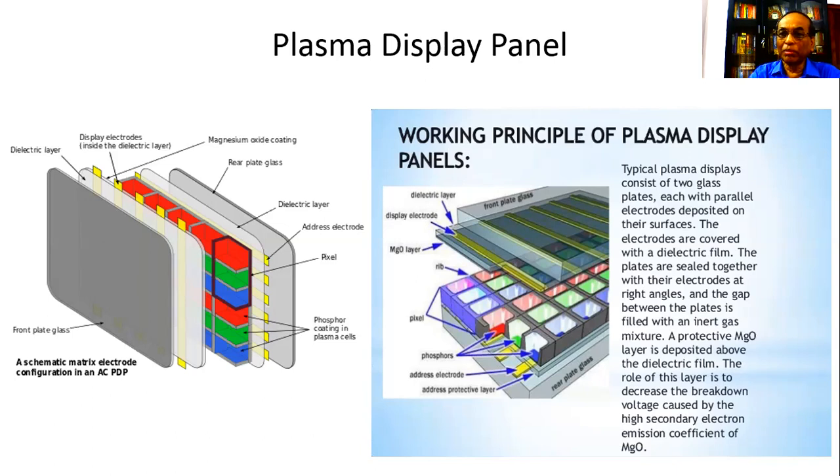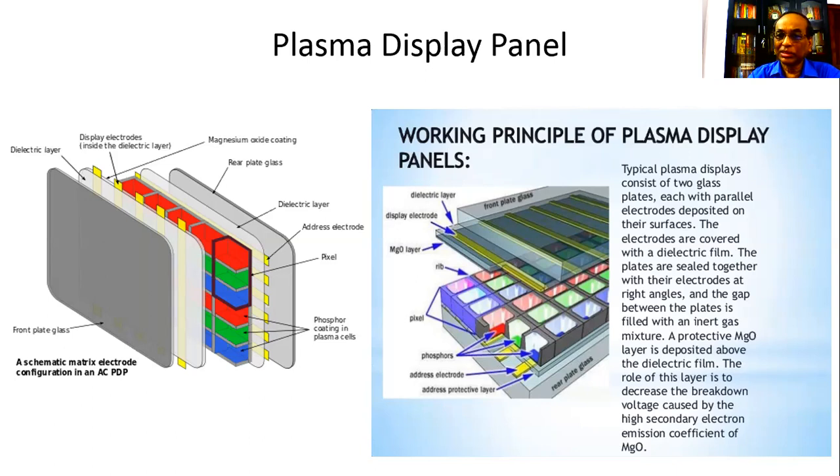So a typical plasma display consists of two glass plates with parallel electrodes deposited on their surfaces. The electrodes are covered with a dielectric film. This dielectric film is in between the front and back panels.